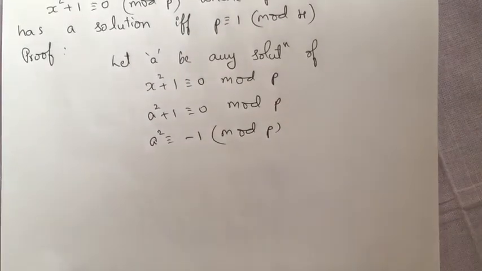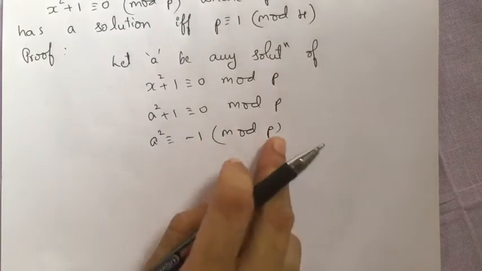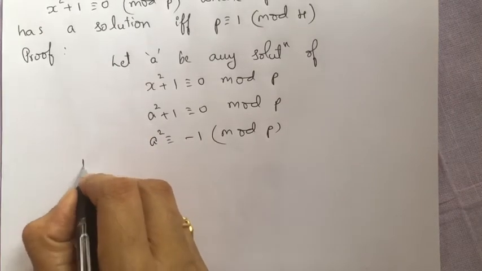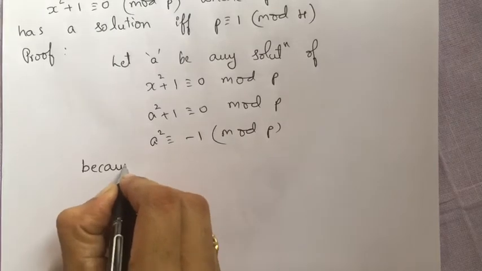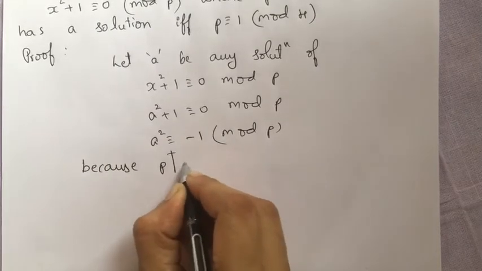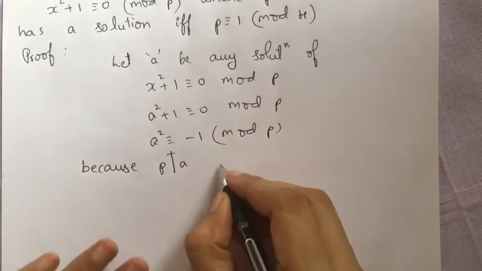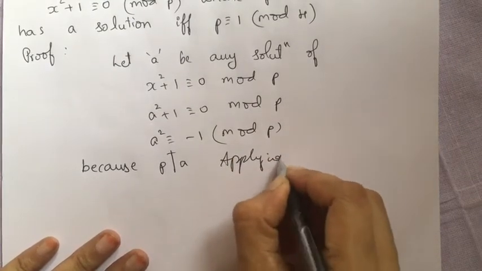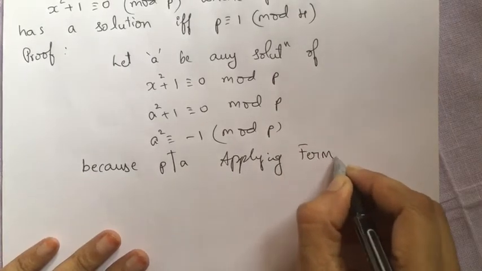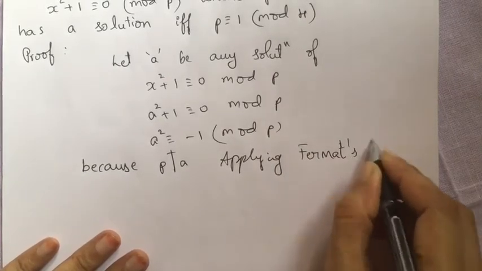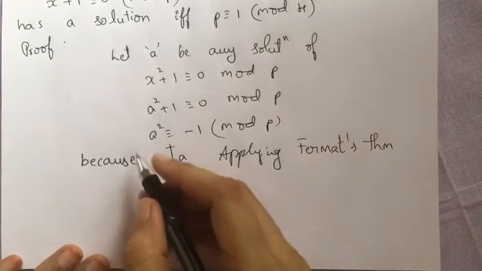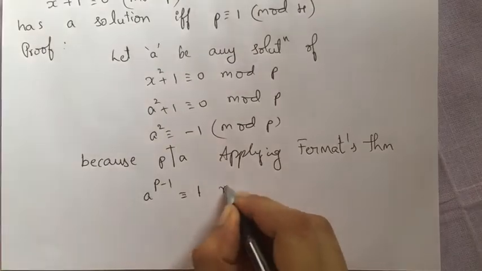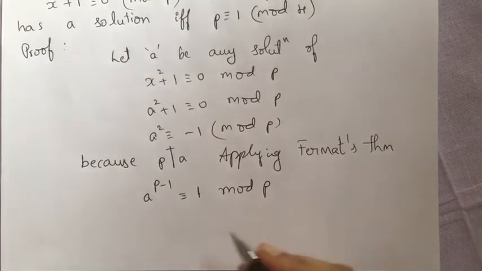Because p does not divide a, I can apply Fermat's theorem. a power p minus 1 is congruent to 1 mod p.